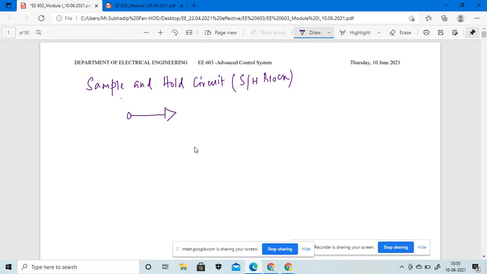Here we are using one amplifier. This will be my amplifier one, which will be an operational amplifier, obviously, an op amp, and we are connecting a switch over here. Here we use another amplifier, which will be called amplifier two, the output amplifier.